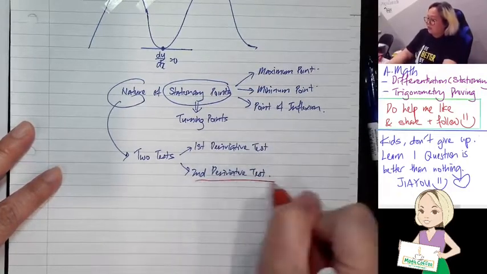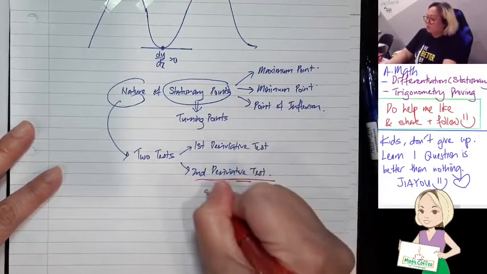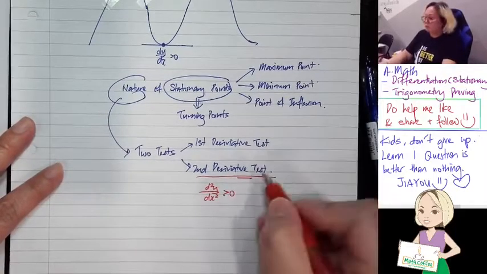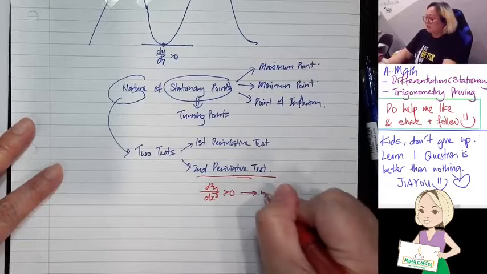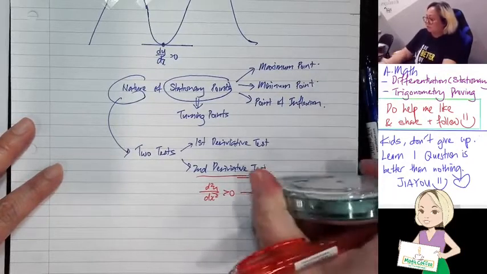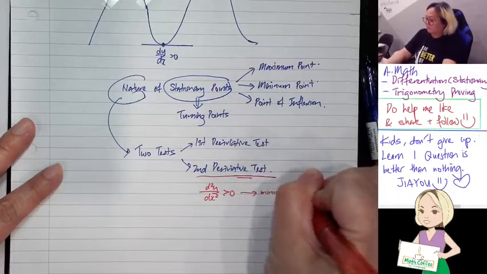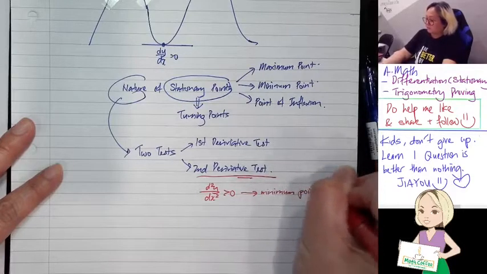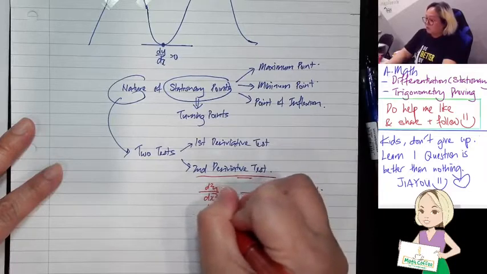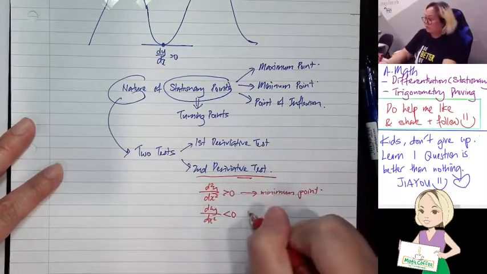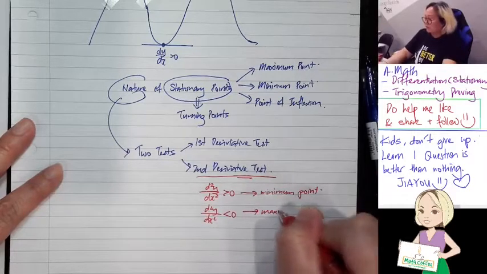Under the second derivative test, when d²y/dx² is more than 0, it is a minimum point. When d²y/dx² is less than 0, it is a maximum point.